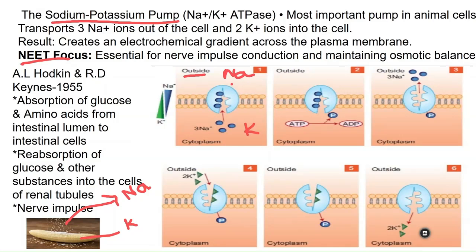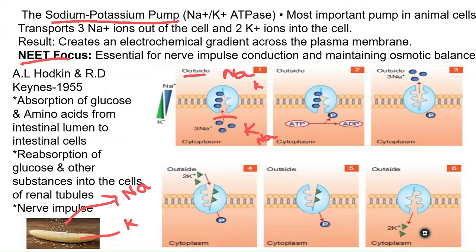When sodium is high outside, potassium is low there; and when potassium is high inside, sodium is low there. As we know, in active transport, substances move from lower concentration to higher concentration.